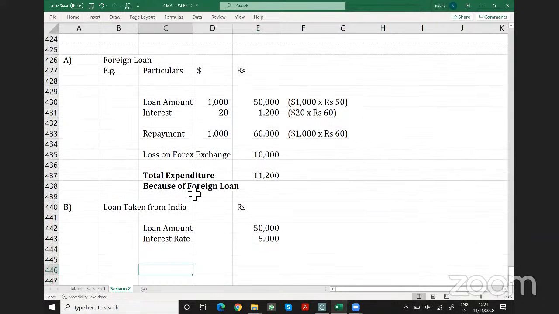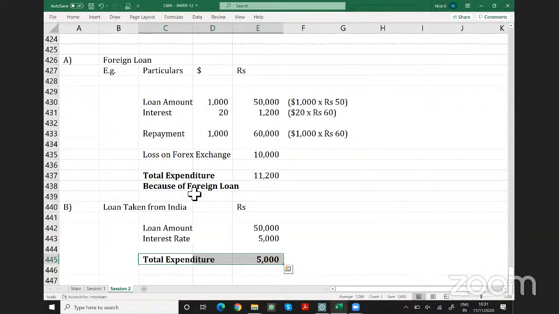The total expenditure if the loan was taken in India is only 5,000. There will be no exchange loss or gain, because you are taking and paying in the same currency. The only expenditure is the interest, which is 5,000 rupees.